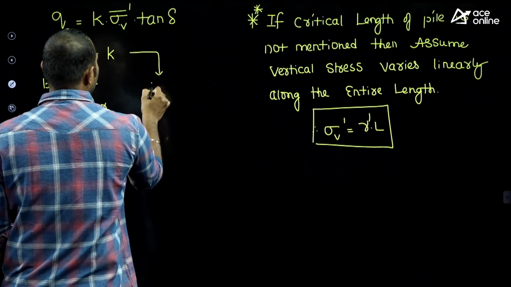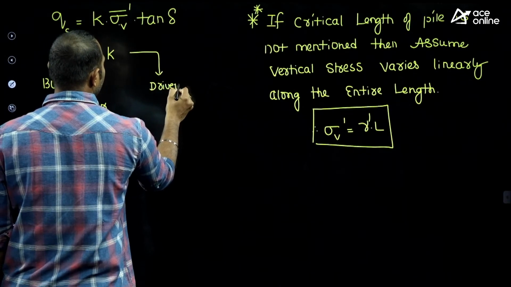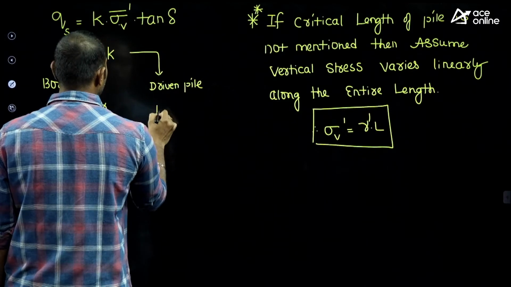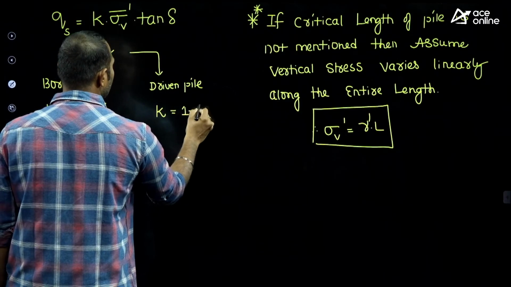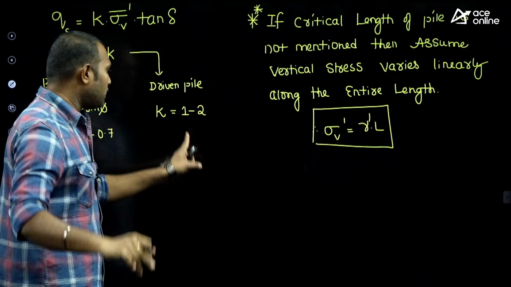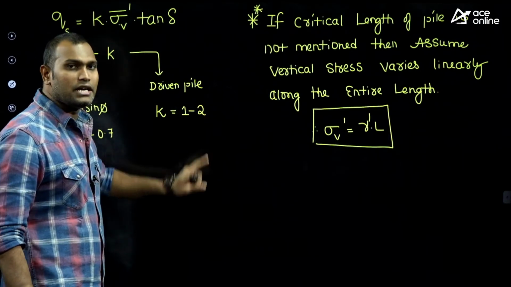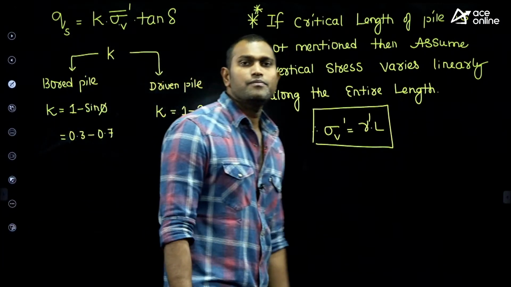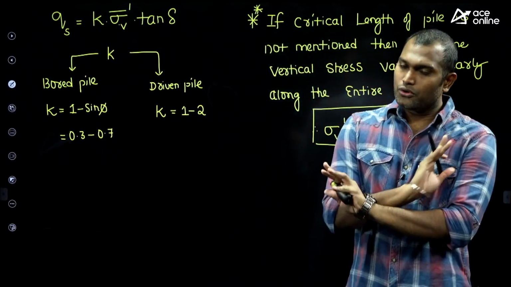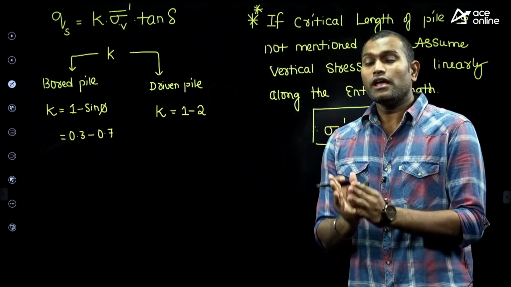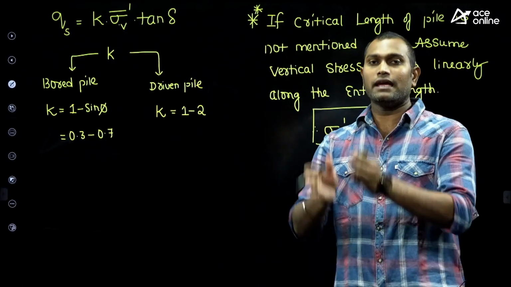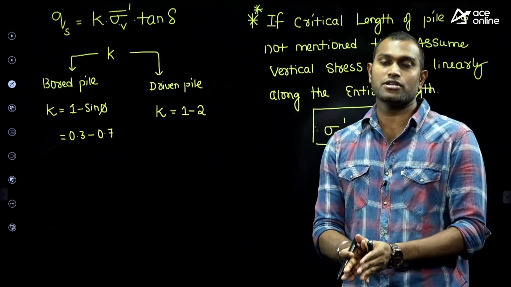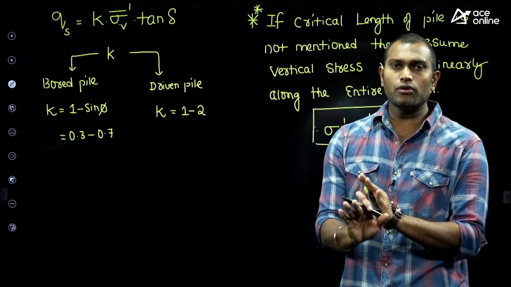In the case of the driven pile, the K value is between 1 to 2. For loose sand it is 1, for dense sand it is 2. Again, don't worry. In the question, if they mention sand, they definitely mention in the GATE examination what the K value is.